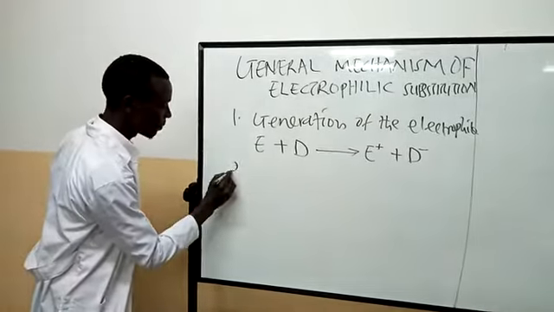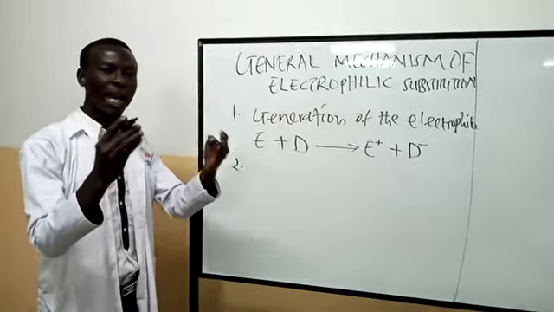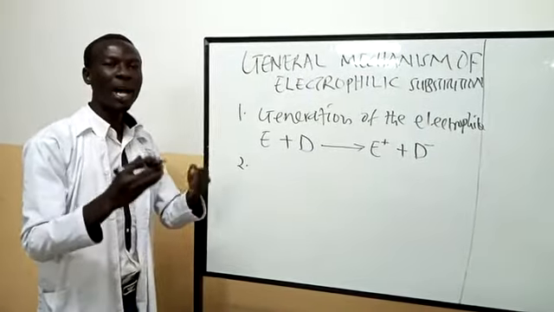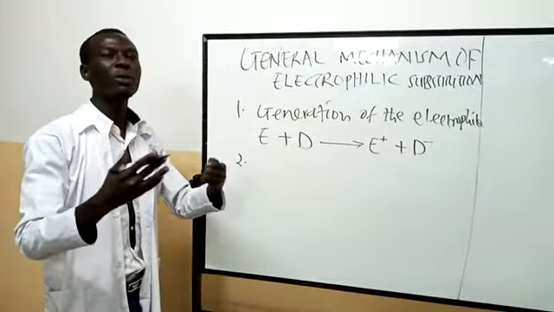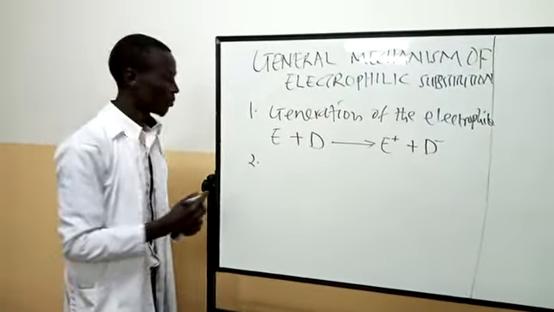The second step is called attack on the electrophile by the delocalized electrons on the benzene ring.